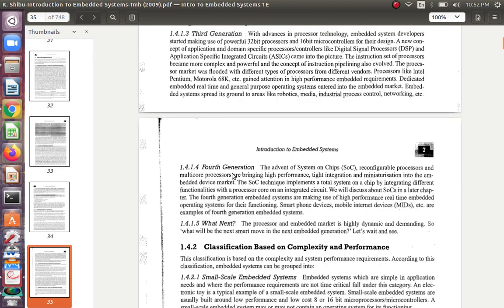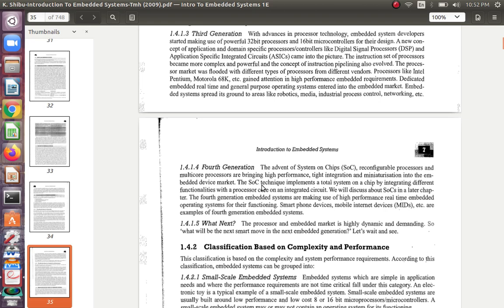Now, in the fourth generation, system on chip SoC, reconfigurable processors and multi-core processors are bringing high performance, tight integration and miniaturization into embedded device market.